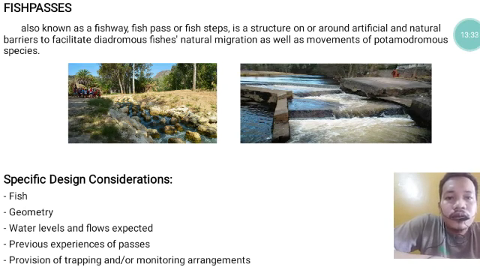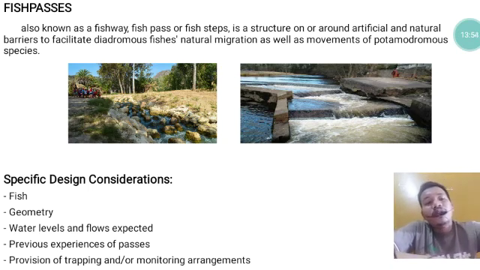Now, next is fish passes, also known as a fishway. Fish pass or fish steps is a structure on or around artificial and natural barriers to facilitate diadromous fishes' natural migration as well as movement of resident species.